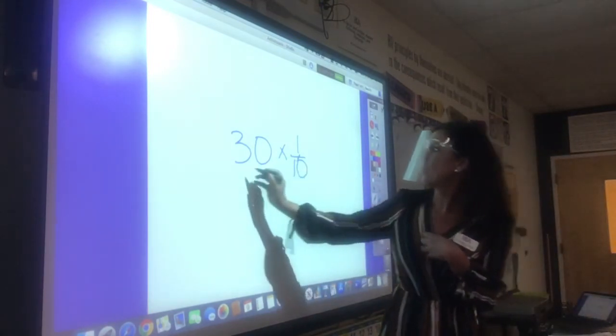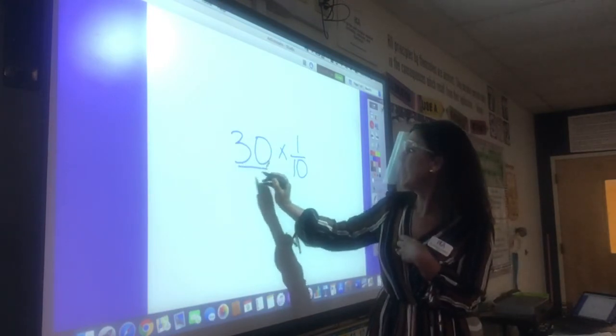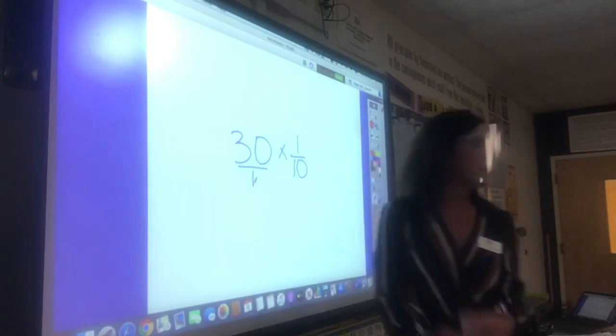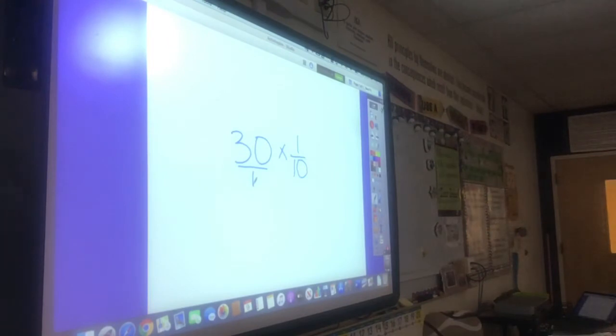All you do is put a 1 underneath the whole number, because 30 over 1 is really just 30. Then you cancel just like we did a minute ago. You can cancel the 30 and the 10 because 10 goes into both numbers.